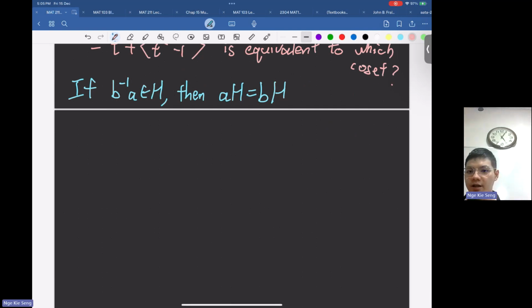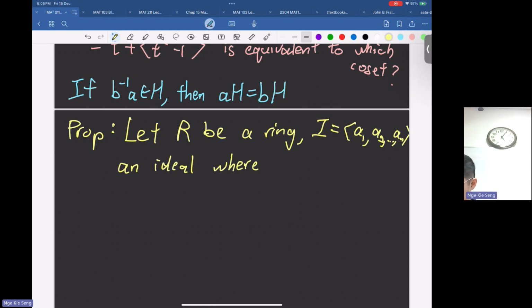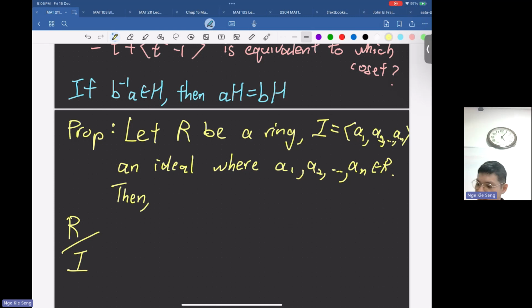So the next theorem is: if I have a ring, and I have an ideal I generated by a few elements A1, A2, and so on, where all these Ai are in R, how do I compute R/I, the quotient ring of R by I?